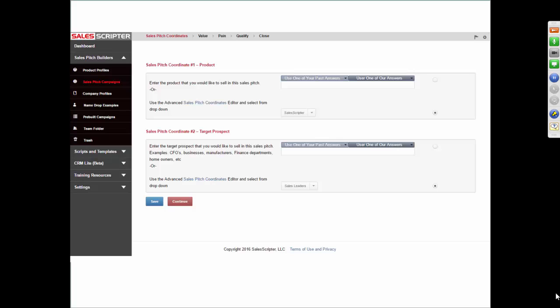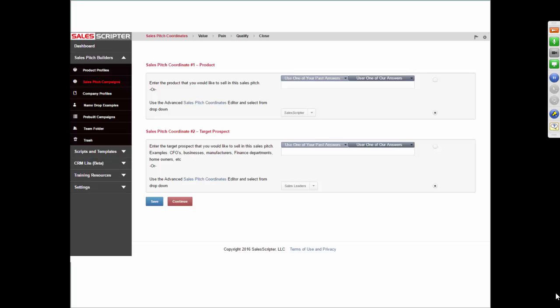Like I said, you could go through those stages and organize your thoughts in a spreadsheet or a Word document. SalesScripter, our product, will actually take you through that process step by step. It helps you build your campaign for the different people that you sell to.